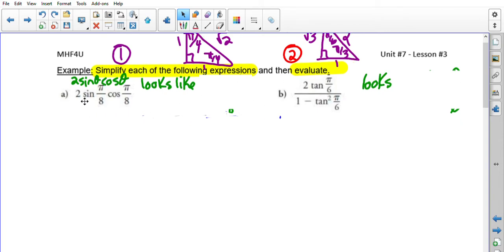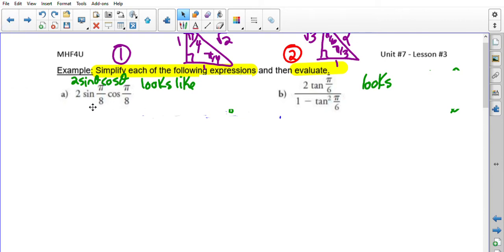So this expression here, we have 2 sine pi over 8 cos pi over 8. This expression we could not do without the use of a calculator, because we're not used to the angle pi over 8. Without a calculator, it would have to be our special angles. With pi over 8, you're going to see how we can solve this now with our new formula.